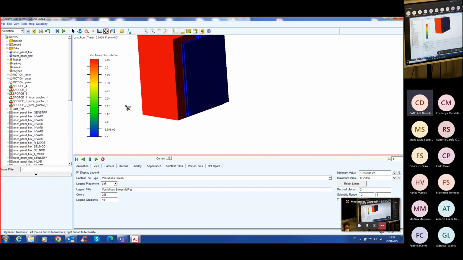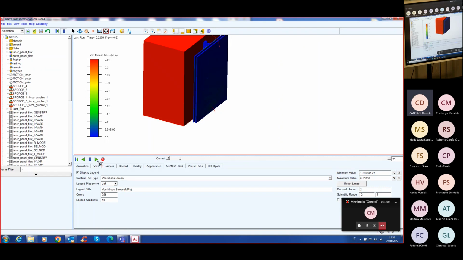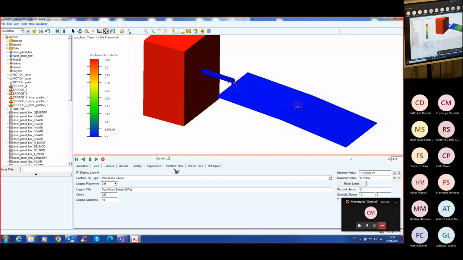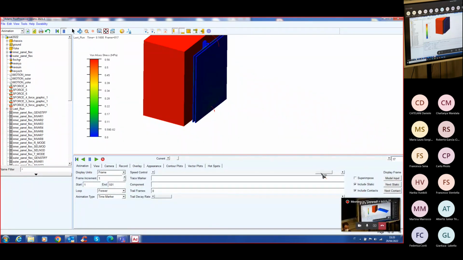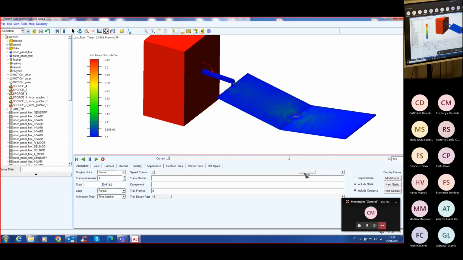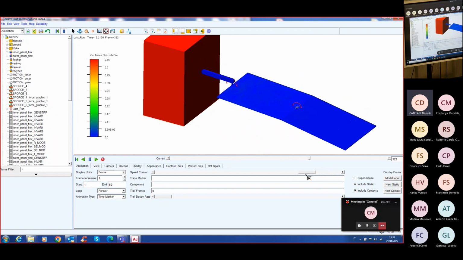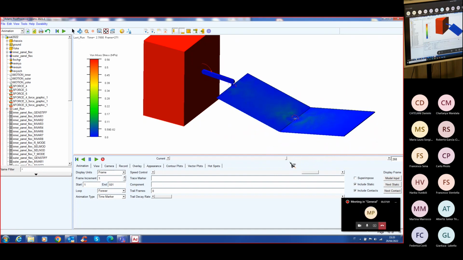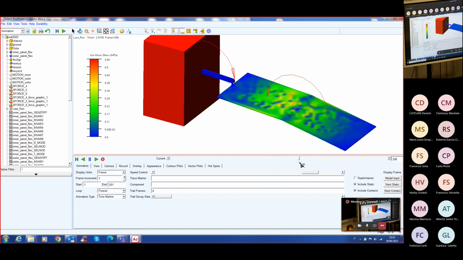Here I have the legend of the stress value, and during the animation I can visualize the region of stress. You see here how the stress changes. This is a distribution of stress in our flexible body with a colored map.